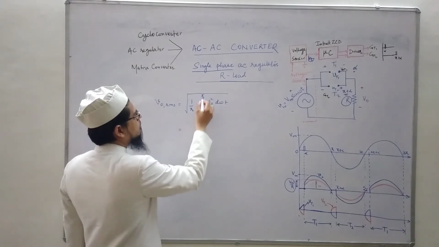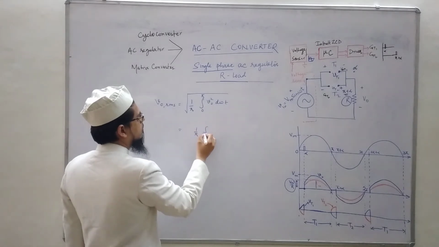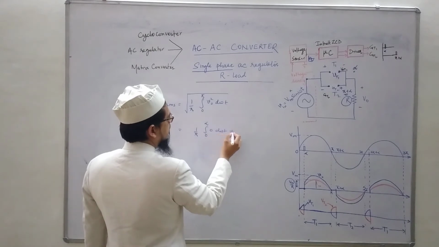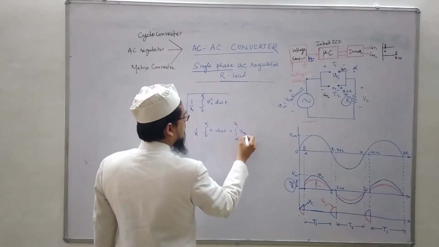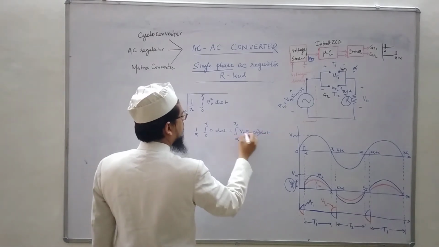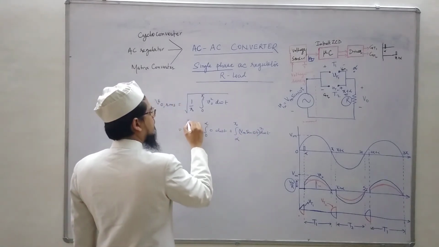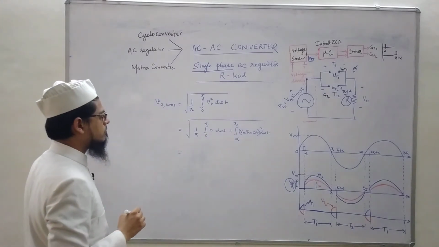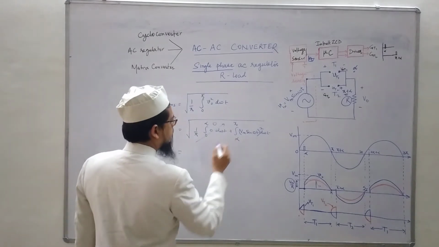Now from 0 to alpha the output voltage is 0, and from alpha to pi the output voltage is Vm sin omega t, which is also equal to the input voltage, and this whole squared. So the first term becomes 0, and we are left with this term.